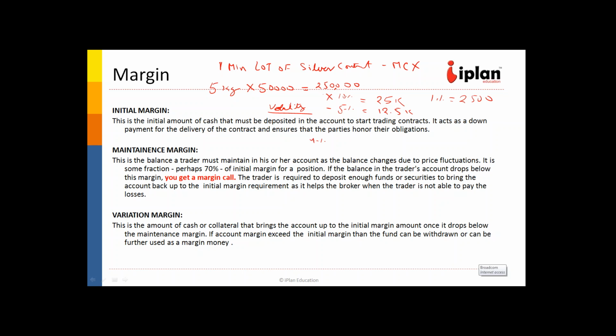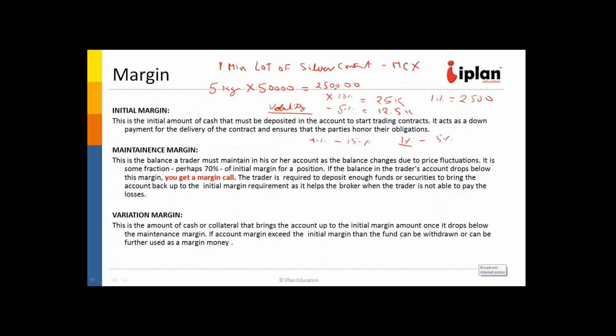Then they'll definitely ask you for almost 15% as initial margin. If the price volatility is hardly 1%, then they ask you to pay, let's say, 3 or 5%. So this depends on the daily volatility. There are various models used to calculate the volatility and the initial margin. We call it daily SPAN.